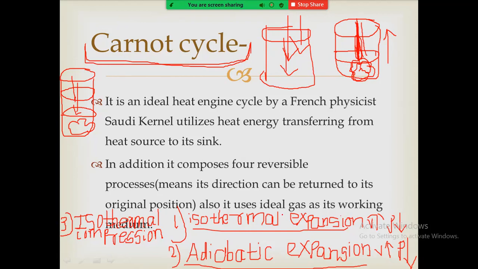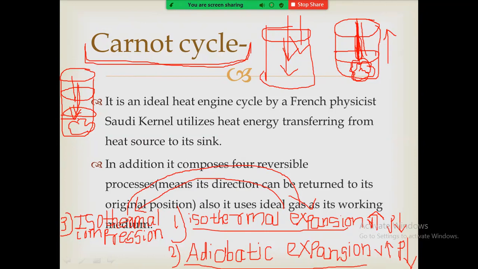Just listen here. Isothermal expansion is the exact reverse process of isothermal compression, and isothermal compression is the exact reverse process of isothermal expansion. So the volume of the gas will decrease and the pressure will increase, because the piston is going downward.